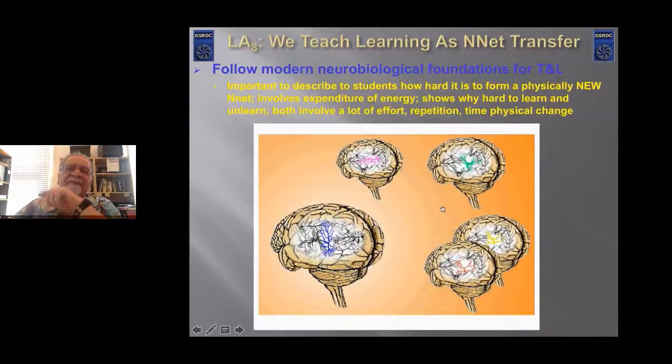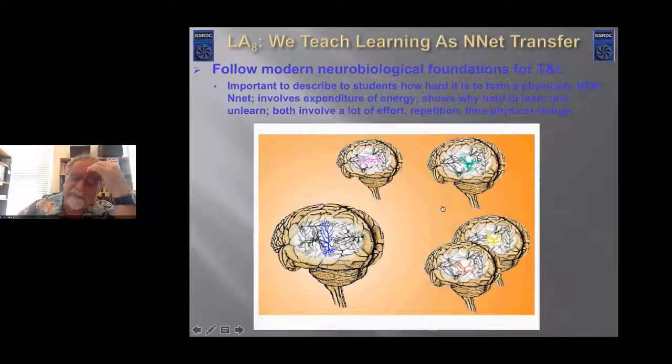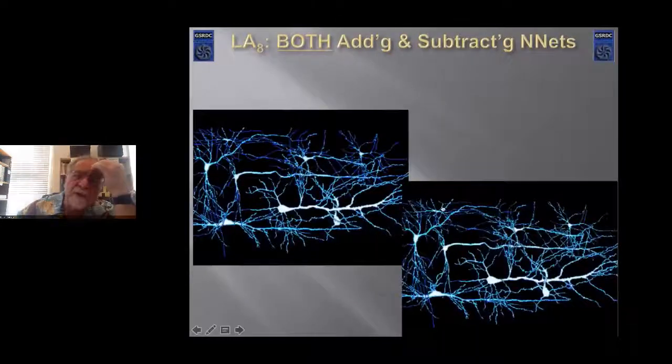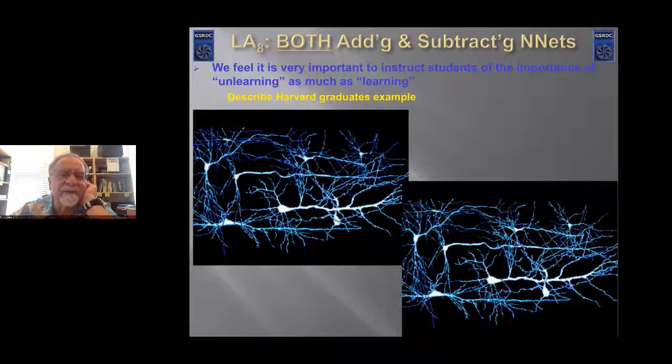So we tried to follow the neurobiological foundations of teaching and learning to describe to students how hard it is to form a physically new neural net or a new idea. And this is a problem that we feel is very important to instruct students on: how hard it is to learn and how hard it is to unlearn.